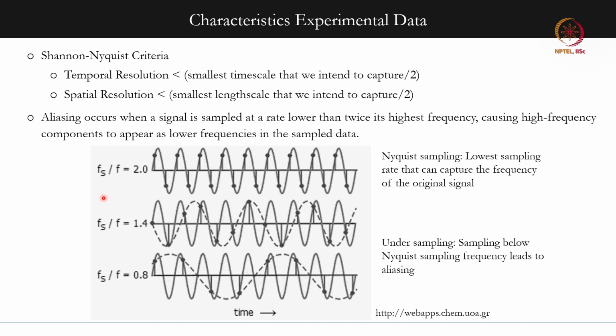Now suppose I use a pressure sensor to measure them, and the sampling rate I set in my data acquisition unit is fs, and say fs by f is 2, which basically means that fs is 20 hertz. Then the data points that we capture from the pressure sensor are these that I have shown in dots here.